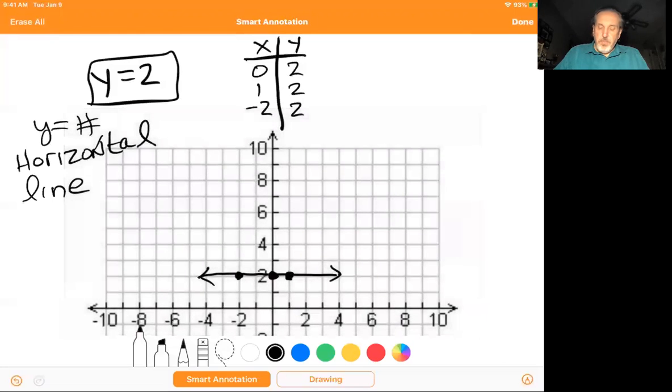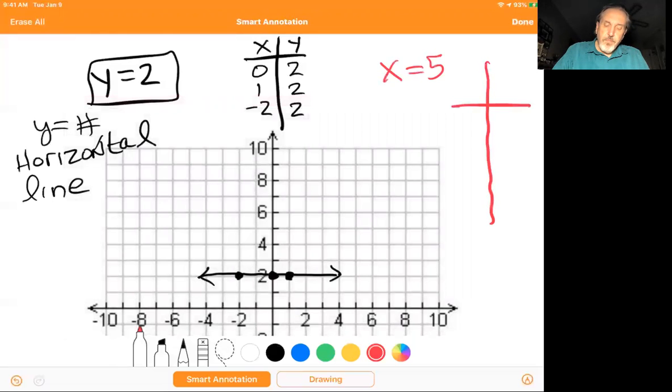Okay, so you can probably see where this is going. I'm going to do the same thing over here. What if I have x equals 5? Same idea. If x equals 5, it doesn't matter what you pick for y, x will always be 5. So say you pick 0, 2, and -3, x is always going to be 5.